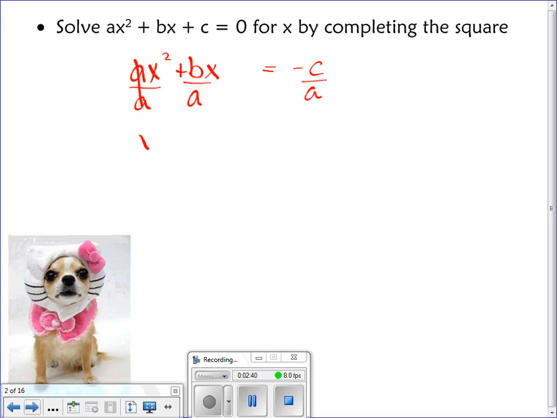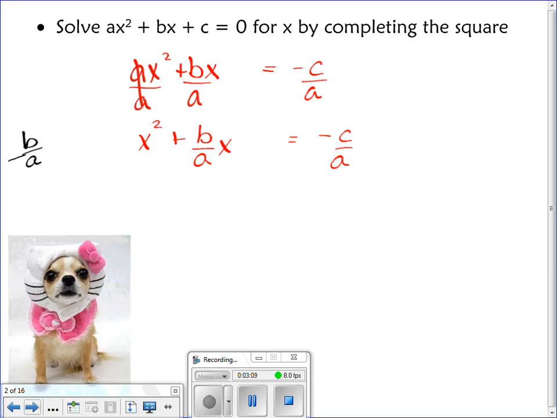So we have x squared plus b over a x equals negative c over a. Then what? Your next step is b over 2. My b value in this case is actually b over a, and then I have to divide it by 2. So where does the 2 go?